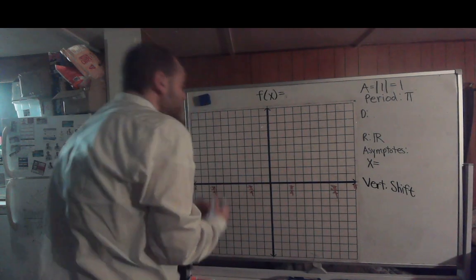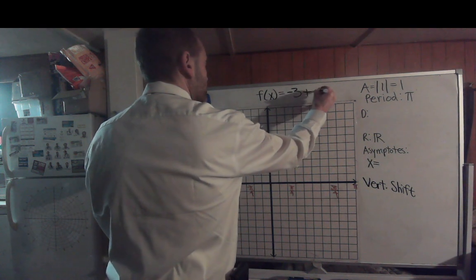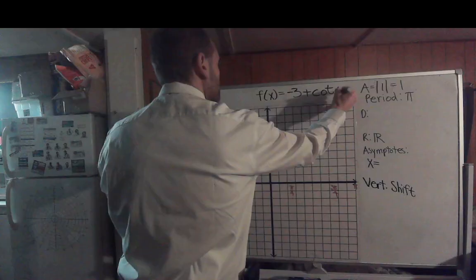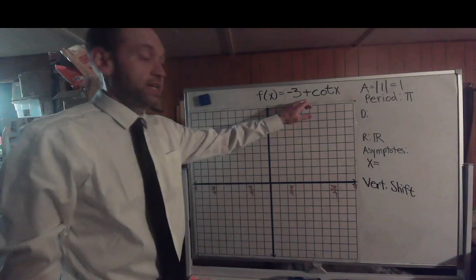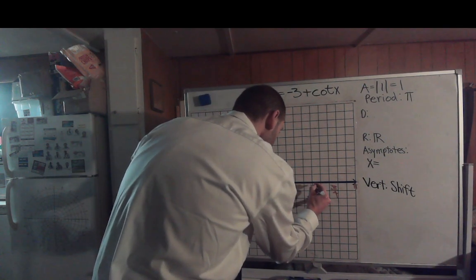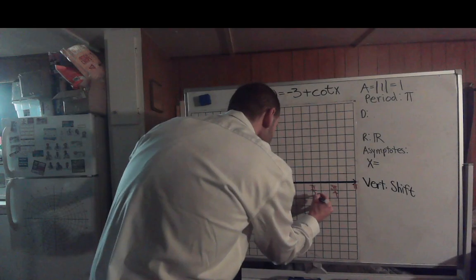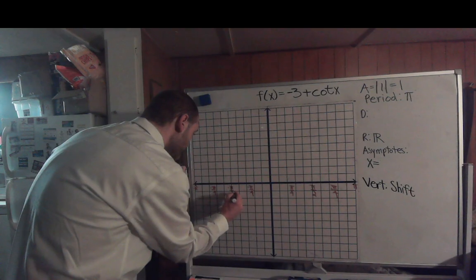Alright, so let's do f of x equals negative 3 plus the cotangent of x. Whoops, I should probably label some critical points. Thankfully, it's only a couple that I'm missing. There we go.